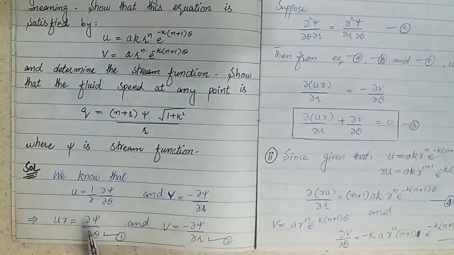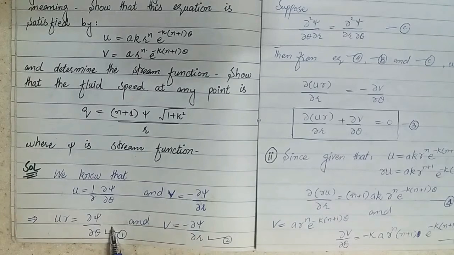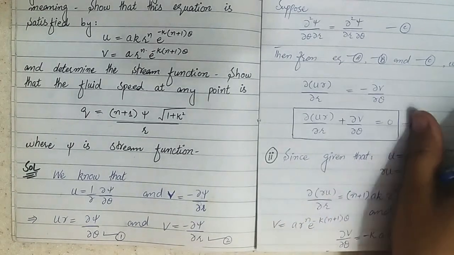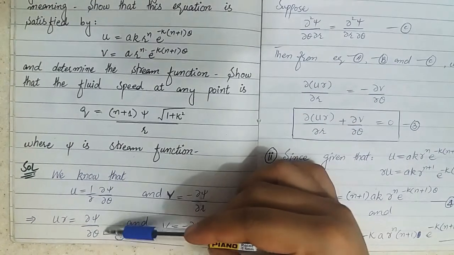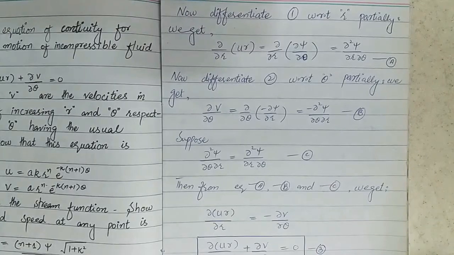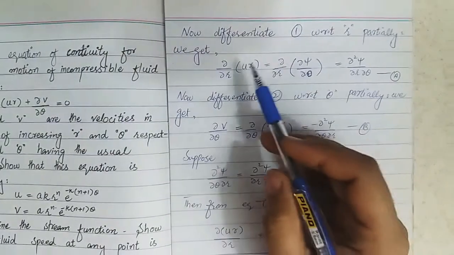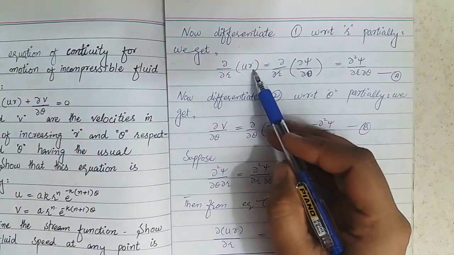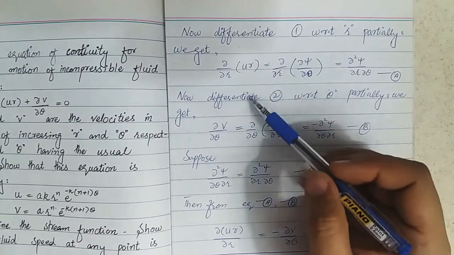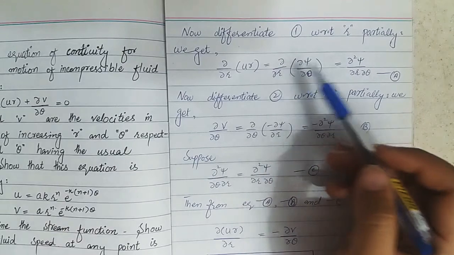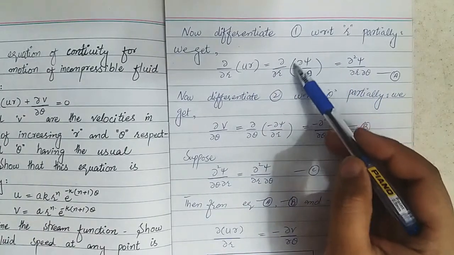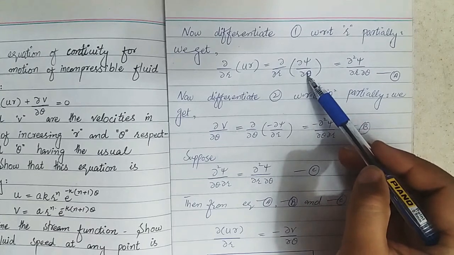Now differentiate 1 with respect to r and differentiate 2 with respect to theta. When we differentiate the first equation with respect to r, it can be written as partial by partial r of u r, where u r is equal to partial psi by partial theta.